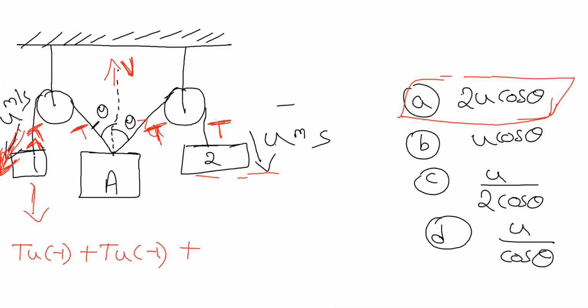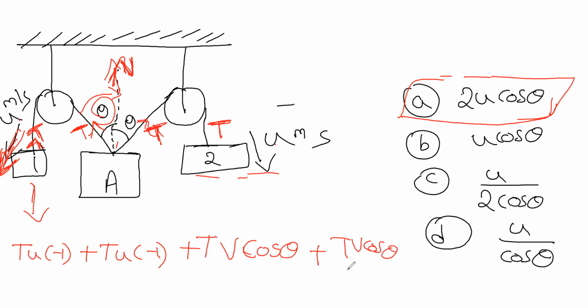Now for this one, there are two tensions, but it is moving along the vertical direction, so the velocity is V upwards. First due to this one, the angle between them gives TV cos theta. Plus, again due to this T, we get TV cos theta.